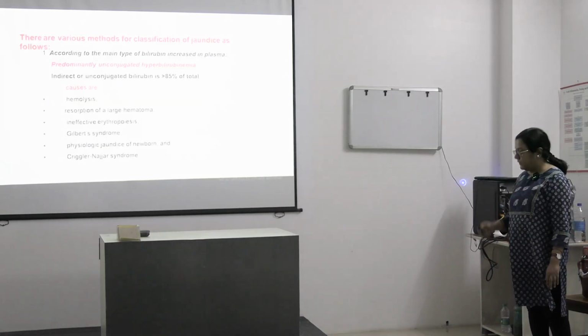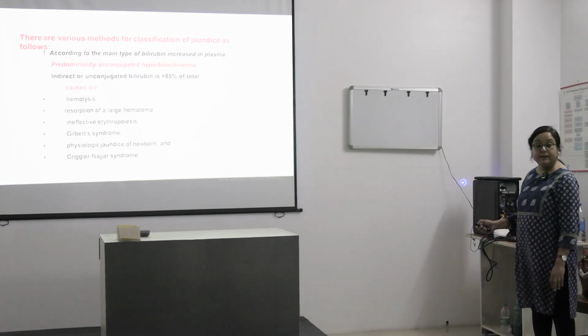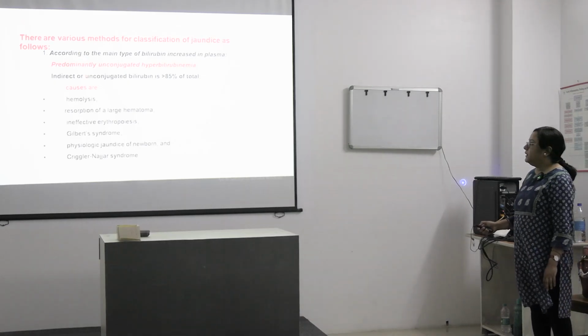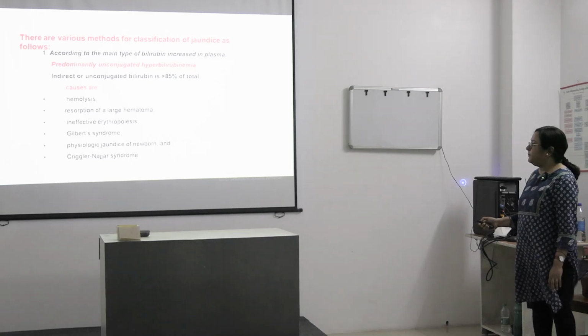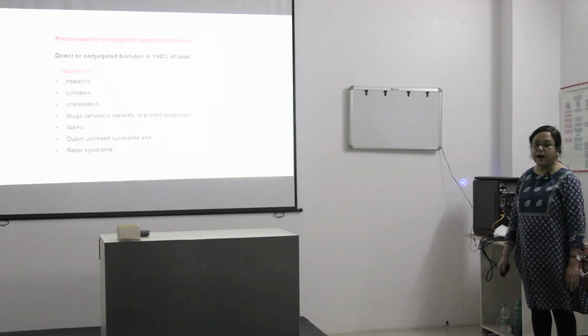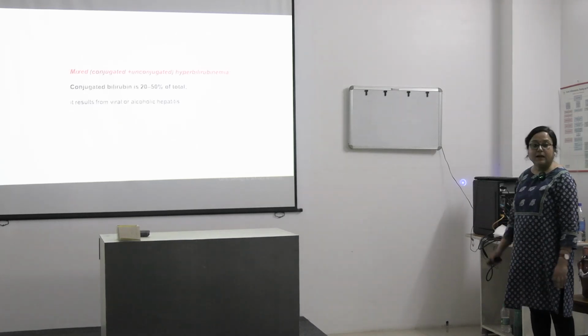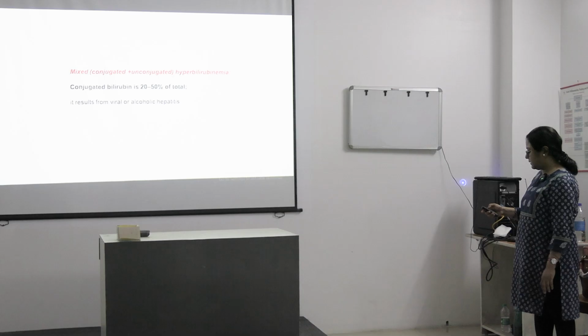Now how to classify jaundice? Jaundice is classified according to main type of bilirubin present, that is predominantly unconjugated hyperbilirubinemia, predominantly conjugated hyperbilirubinemia and mixed hyperbilirubinemia.